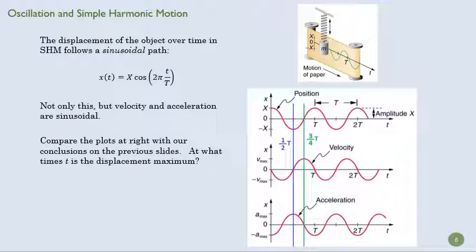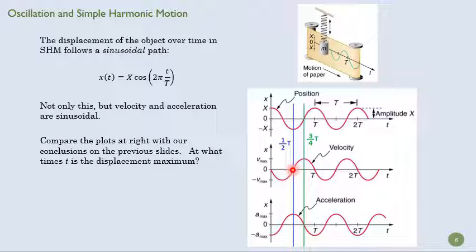Now we can look at these plots, and they essentially say the same thing that we saw on the last page. If at, say, half T, halfway through my time period, my position is at a max, we know that means my velocity is 0, right? Because I'm turning around, and I can see that's true.